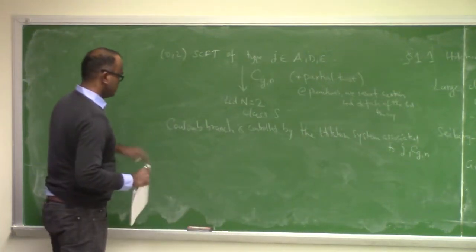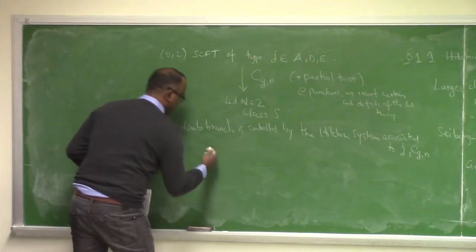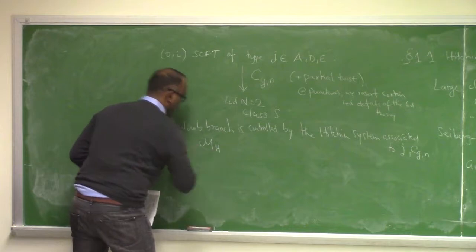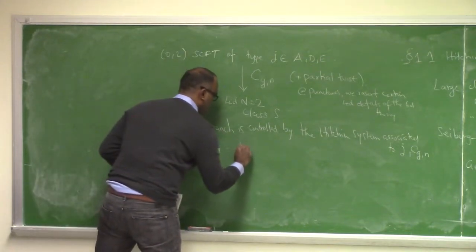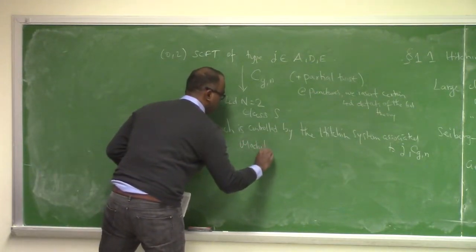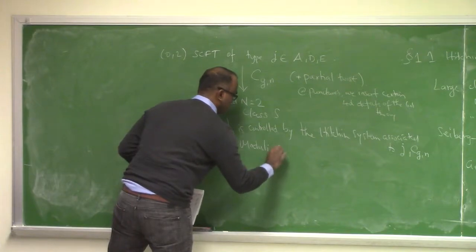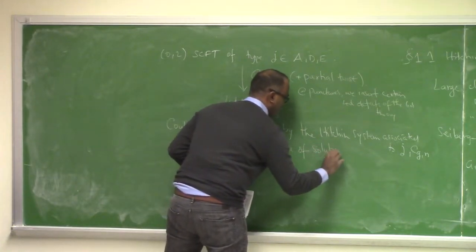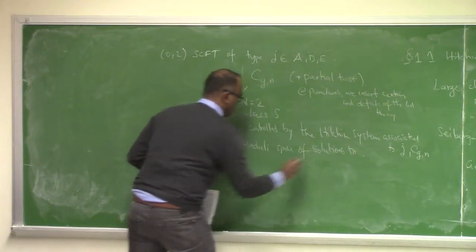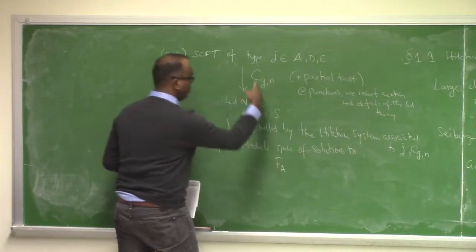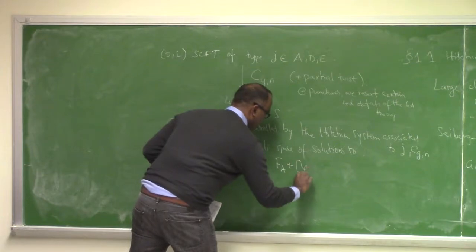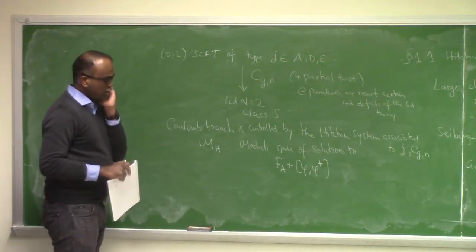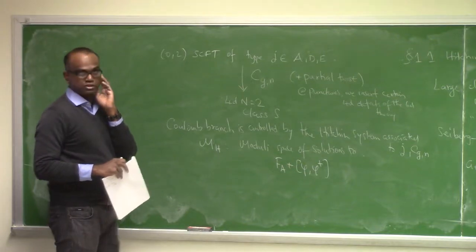So what is the Hitchin system? The total space of the Hitchin integrable system, which I will denote by M_H, is nothing but the moduli space of solutions to a set of PDEs on C. You can obtain them as a dimensional reduction of self-dual Yang-Mills equations.